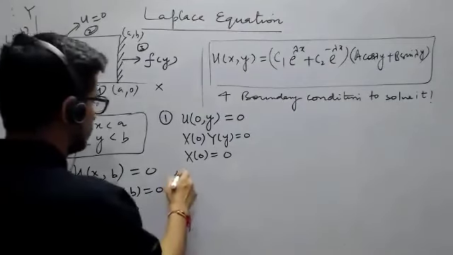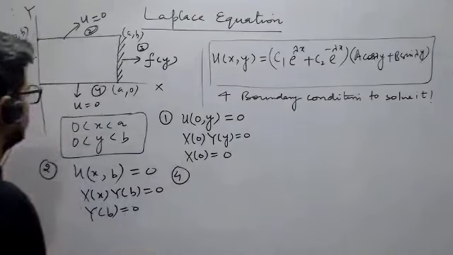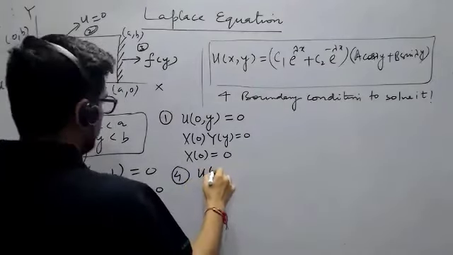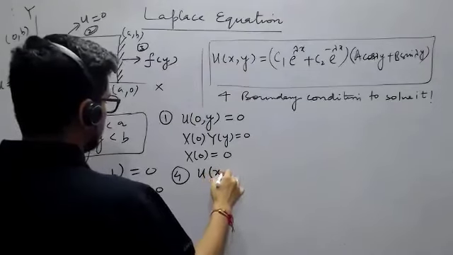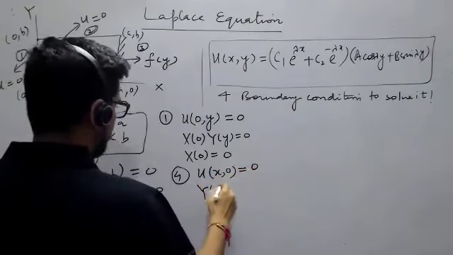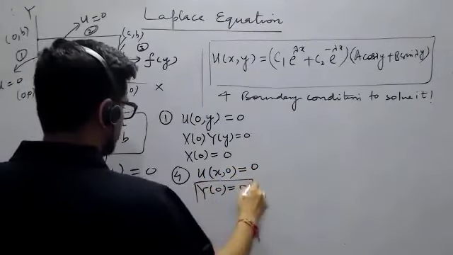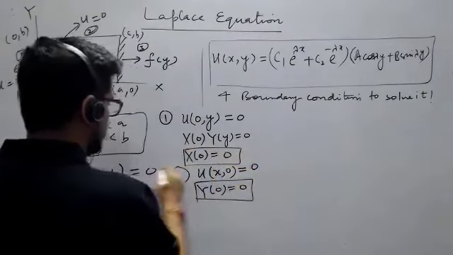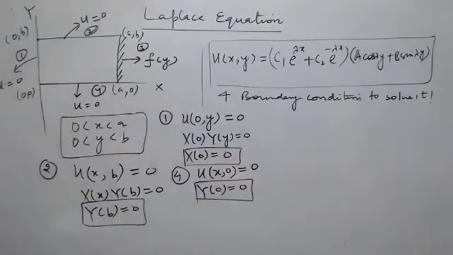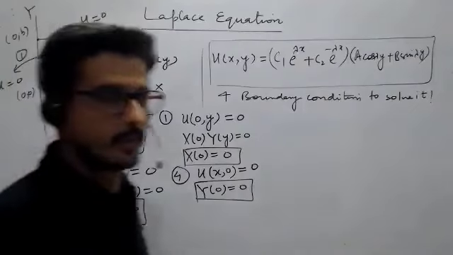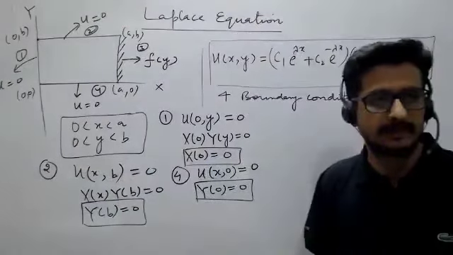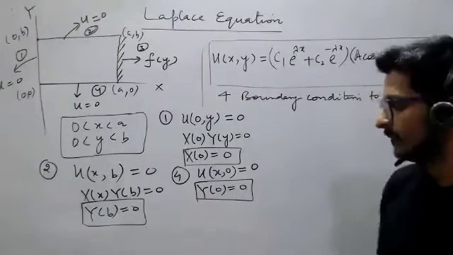After this, fourth, u(x,0) is equal to 0. That means Y(0) is 0. So these are the conditions. And finally, at the very last I will apply this one to calculate the fourth constant. Ask if there is any doubt in this. Is it clear?